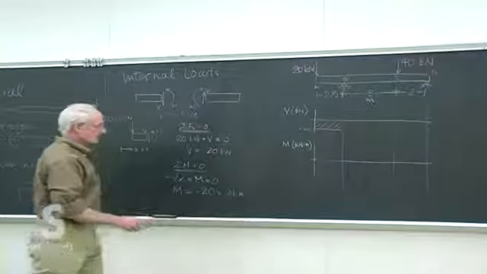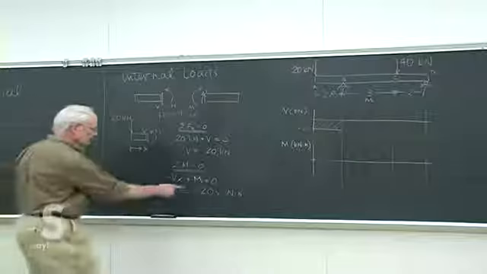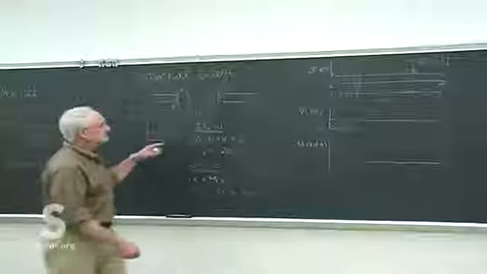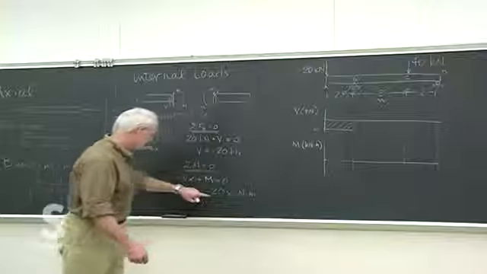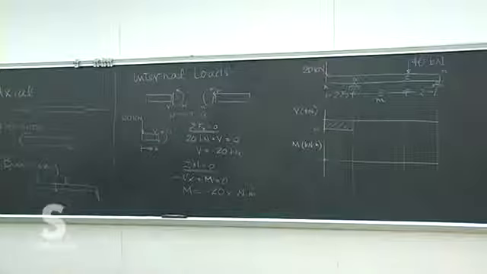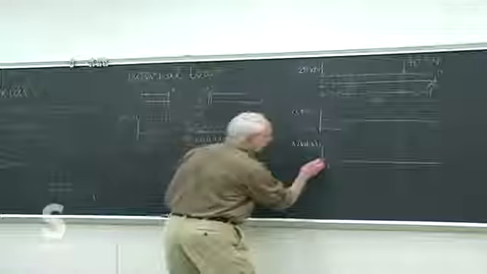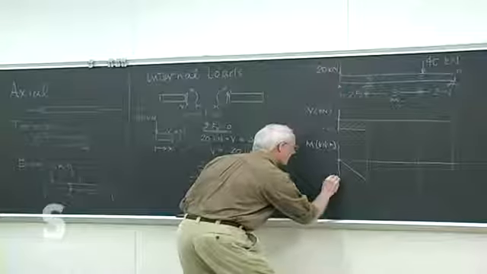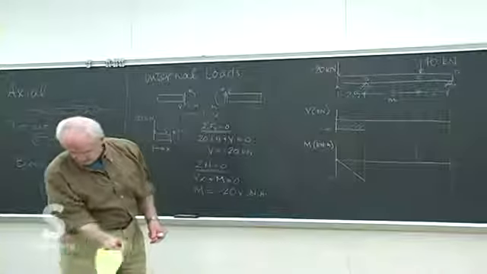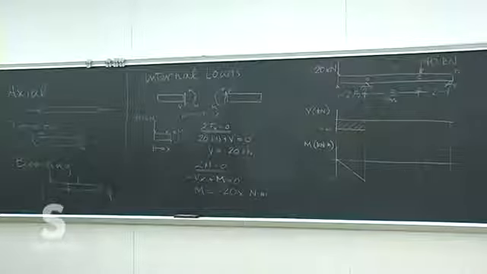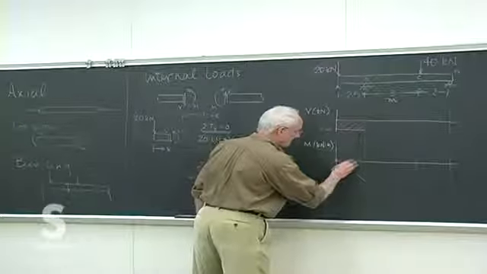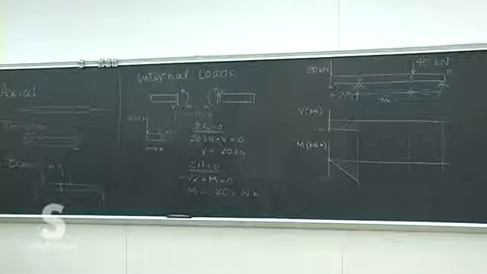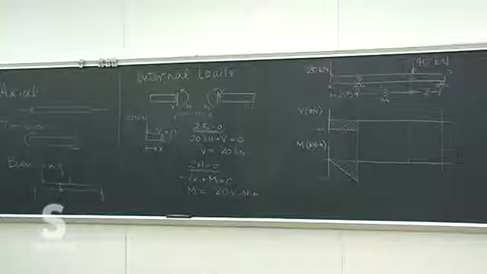So it starts at 0 and then goes down at a slope of negative 20 to a value of, when x is 2.5, 2.5 times 20 is 50. And so we get that kind of picture down to there. It helps to hatch it in a little bit, just to illustrate what's negative, what's positive as we go through these.